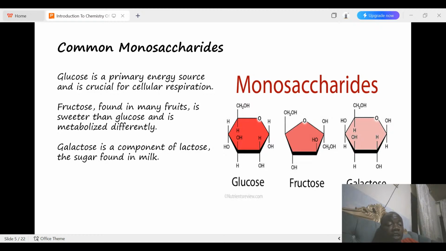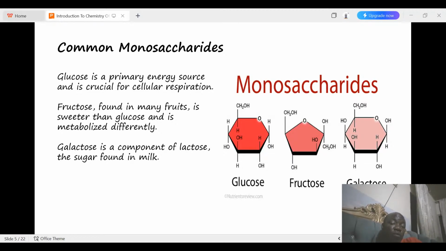So the sugar obtained by a baby from their mother's milk is lactose. And of course, lactose is a disaccharide sugar made of galactose and glucose. So that is what I want you to understand here.